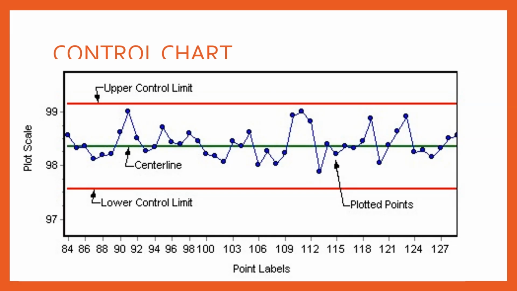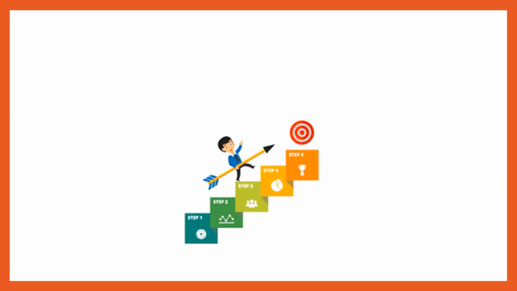So the control chart gives an indication of how a production process is going on, and which areas we should look into when the product is reaching the limit.